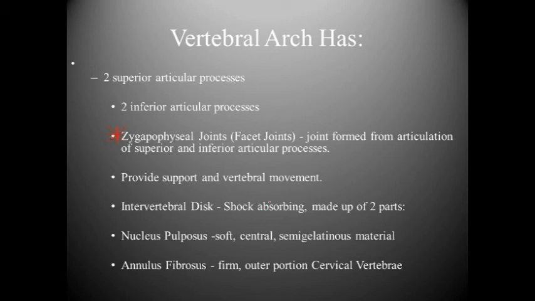And so, basically, I don't really know what cervical vertebrae is doing here, but you have two layers of an intervertebral disc. You have an inner and an outer. The nucleus pulposus is the inner, and the annulus fibrosus is the outer portion.